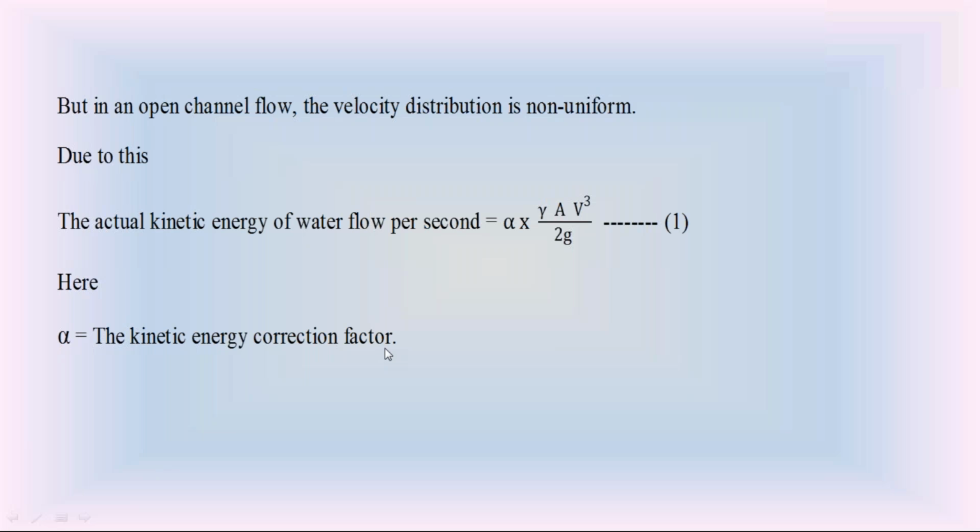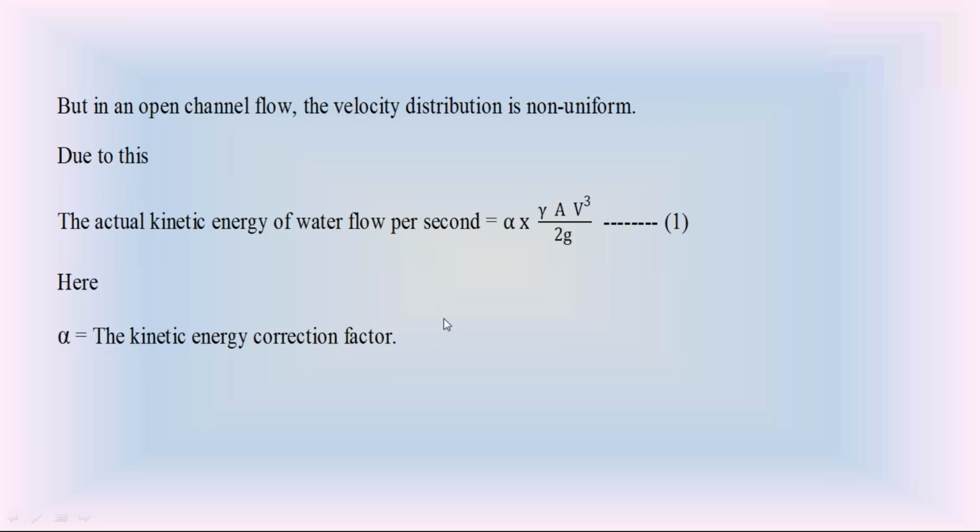So to calculate the actual kinetic energy of water flow per second, we are using this factor alpha, alpha into this kinetic energy of water flow per second. This is the kinetic energy calculated by using the mean velocity V. This alpha is called the kinetic energy correction factor.